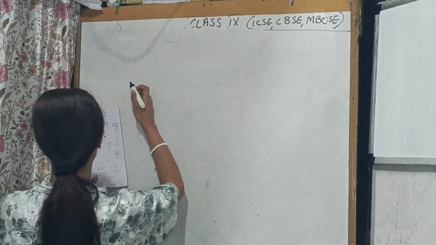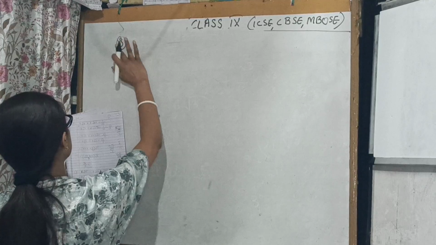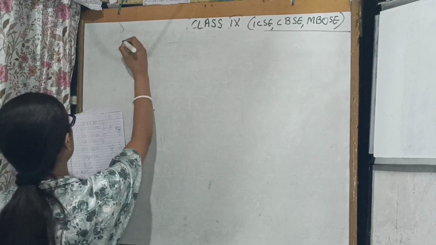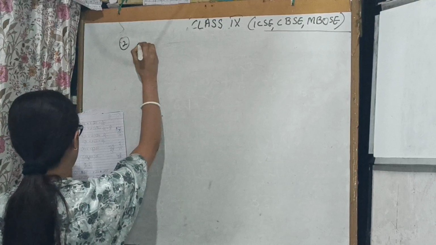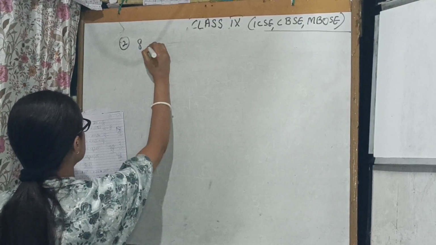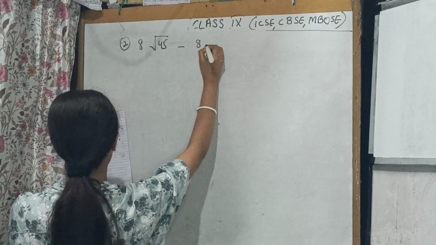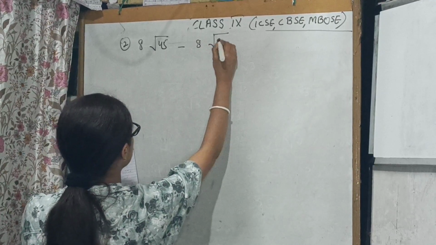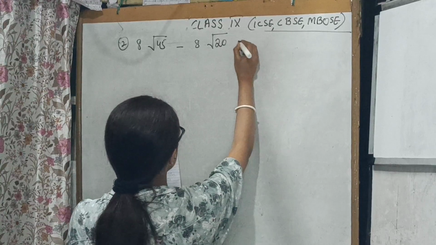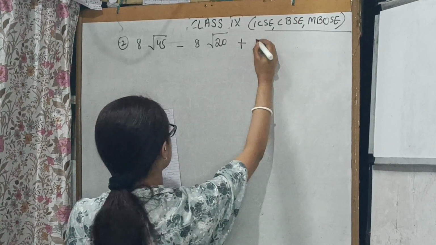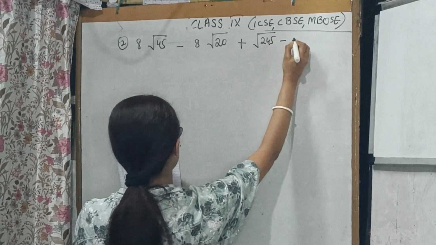Okay, so the next question. A, B कुछ भी लिख लो, ठीक है. 2. 8 into square root of 45, 8 into square root of 20. By now I think you should be able to guess the bigger number inside. Take factors. 245.